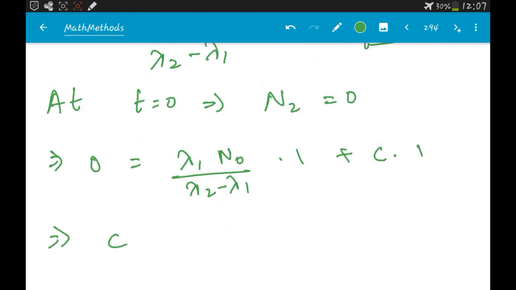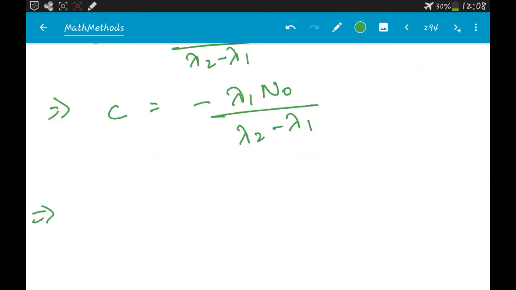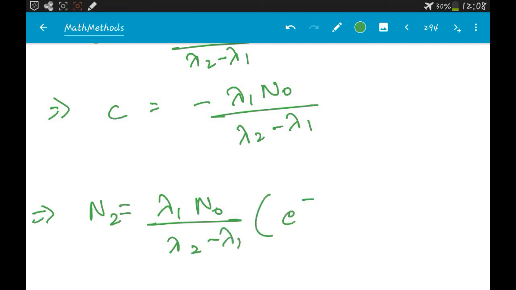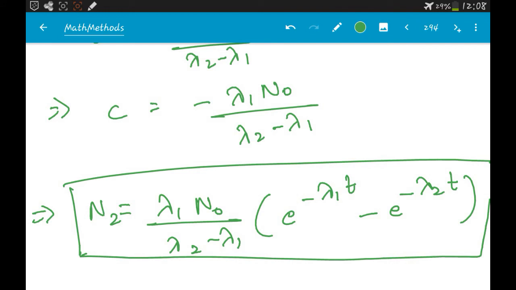So c is minus lambda 1 N naught by lambda 2 minus lambda 1. After substituting everything, the solution for N2 is lambda 1 N naught by lambda 2 minus lambda 1, times e power minus lambda 1 t minus e power minus lambda 2 t. So this is your solution for N2.